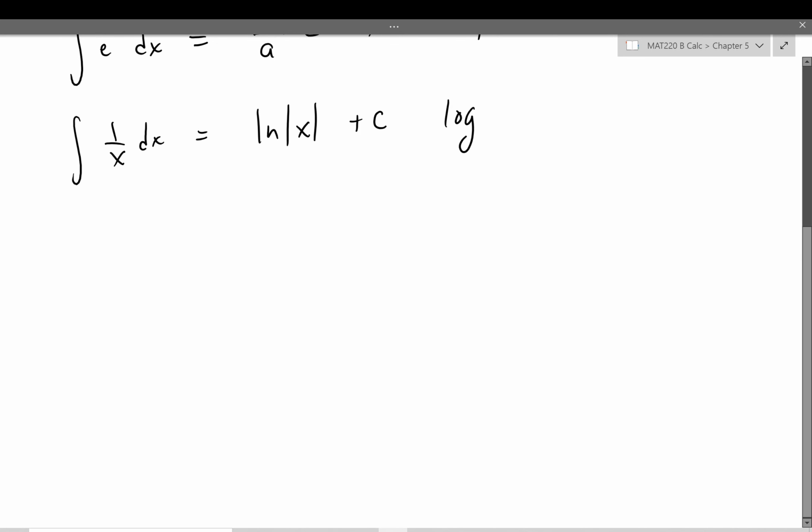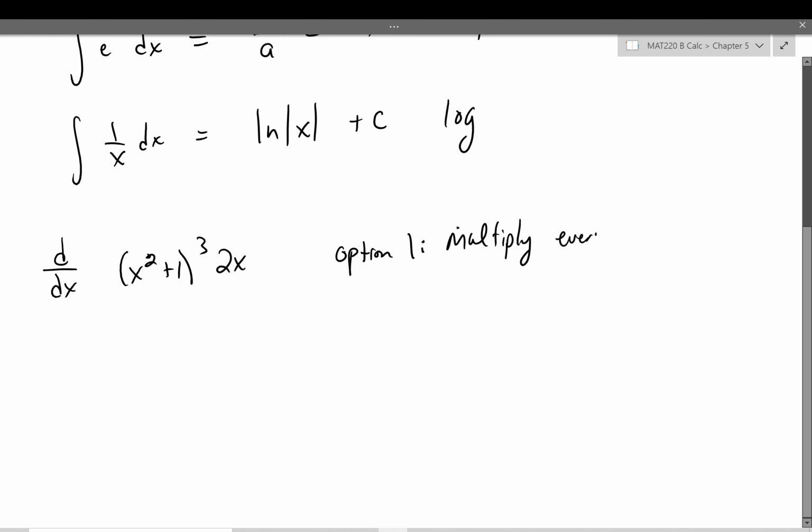A long time ago, when we wanted to find a derivative of something like x squared plus 1 cubed times 2x, we had two options. Option 1 was to multiply everything out.